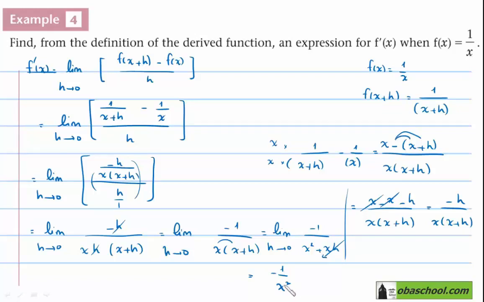Therefore the derived form for f of x is going to be minus 1 over x squared. This is the limit as h tends to 0. Therefore, back again to the example, working out the limit as h tends to 0 by substituting f of x and f of x plus h, we are going to get the derived form.